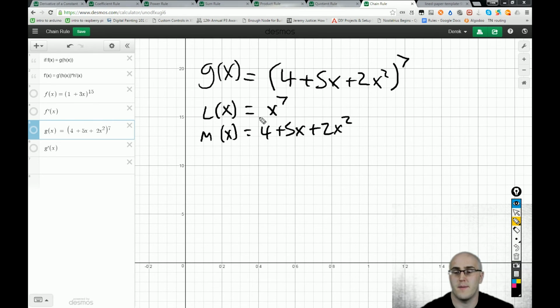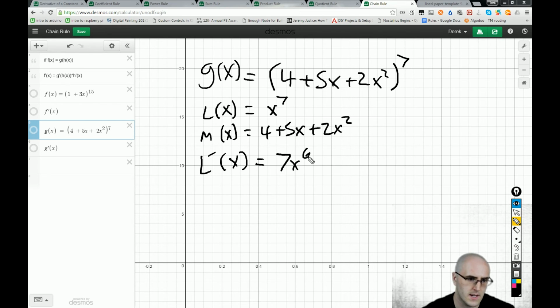So now it should be obvious that our function g of x is L of x with m of x inserted into x. So that means that our derivative, let's solve these real quick. L prime of x is equal to 7x to the 6th, based off of the power rule, and m of x is the sum rule with a little bit of power rules involved.